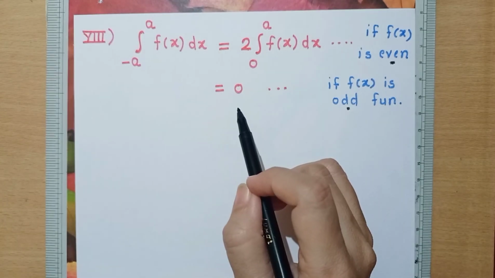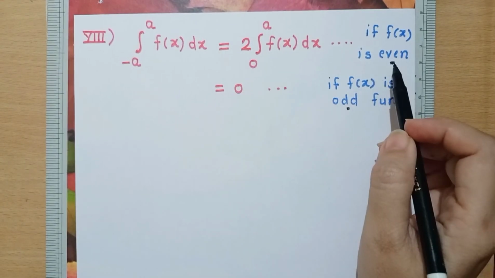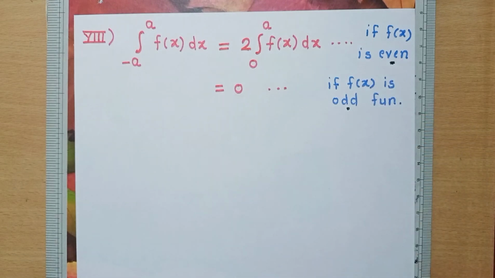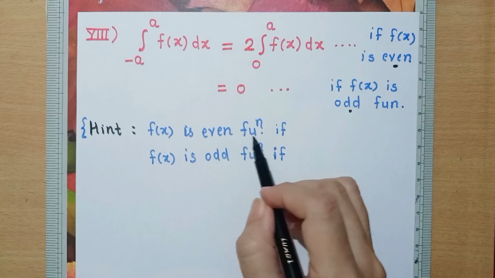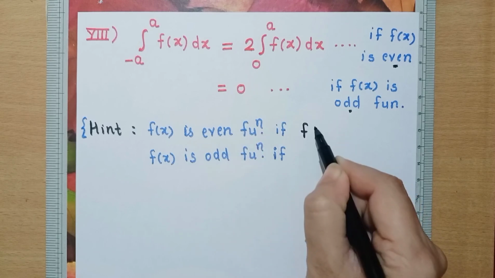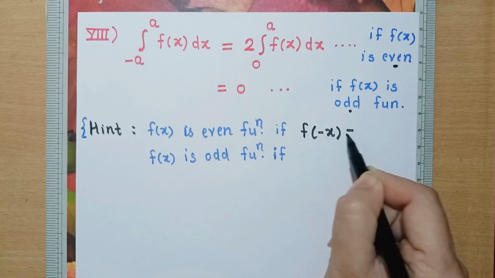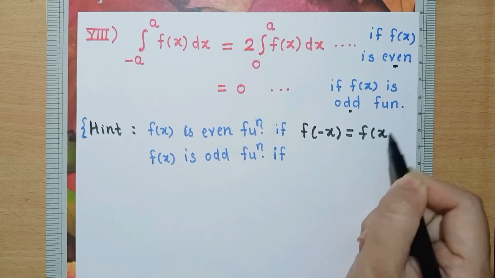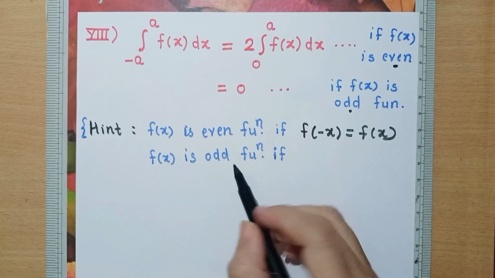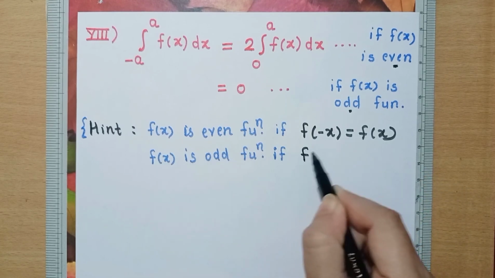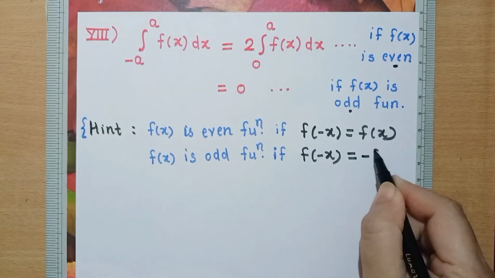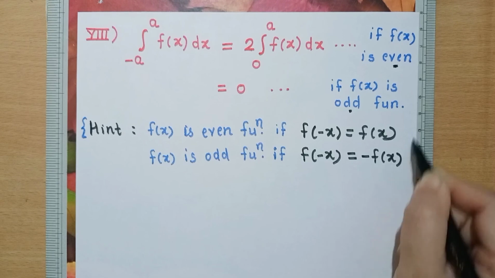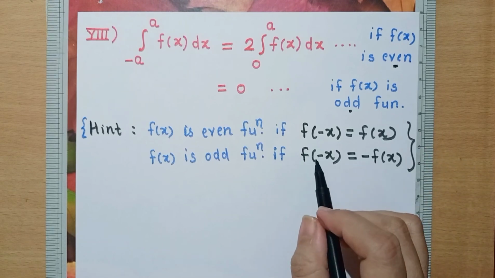So let's prove this, but before that we will see what are even and odd functions. f(x) is an even function if f of minus x equals simply f of x, and f(x) is an odd function if f of minus x equals minus f of x. So we will use this hint.